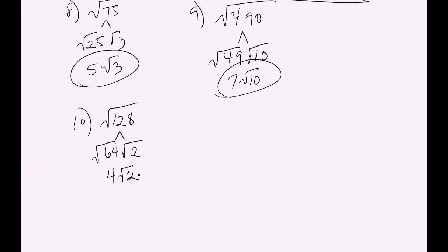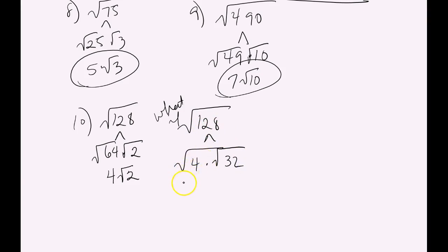If you didn't notice that 64 went into it, and let's say you tried 4 instead, I'm going to play the what if game. What if you struggled and you thought that 4 went into it instead? Okay, if you break that down, it would be 4 times 32.